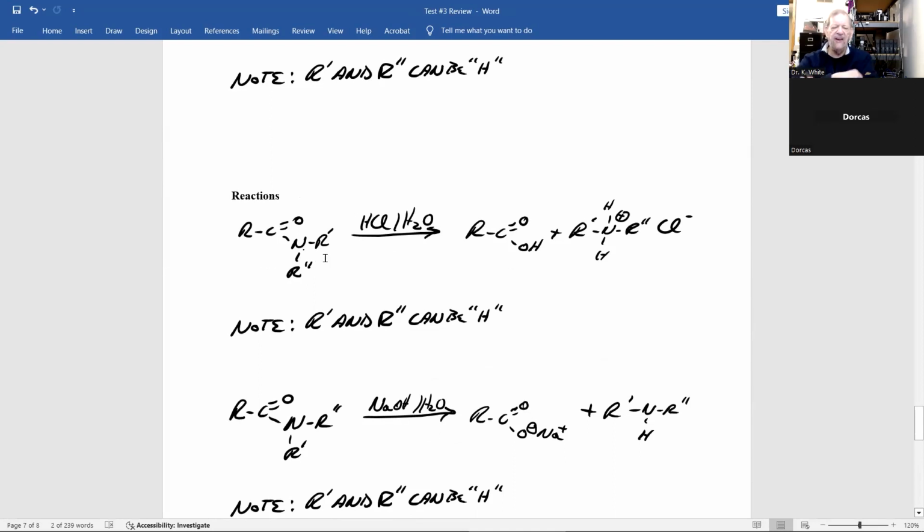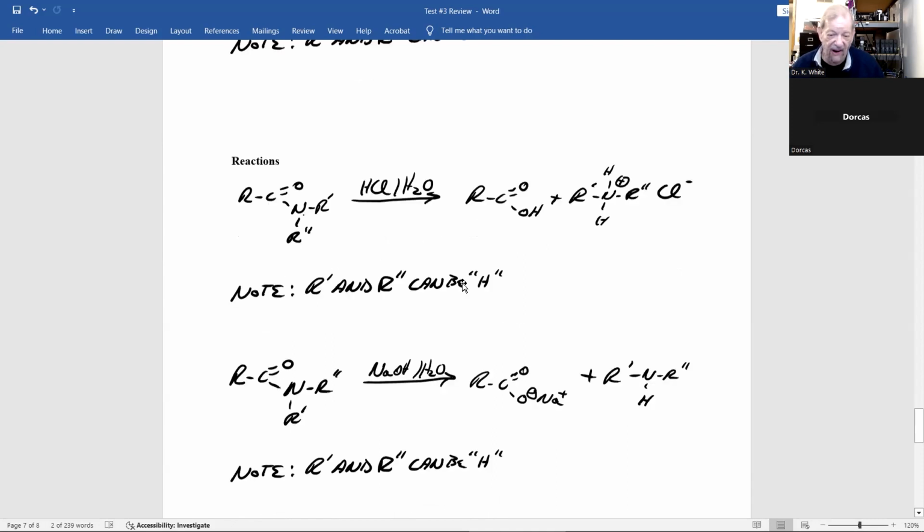But the amine you have is a base, and it will react immediately with the hydrochloric acid to form this amine salt. Remember, amine salts have a net zero charge. So in this case, the anion will always be chlorine from the HCl, chloride. Now, remember, R prime and R double prime can be hydrogen or alkyl groups.